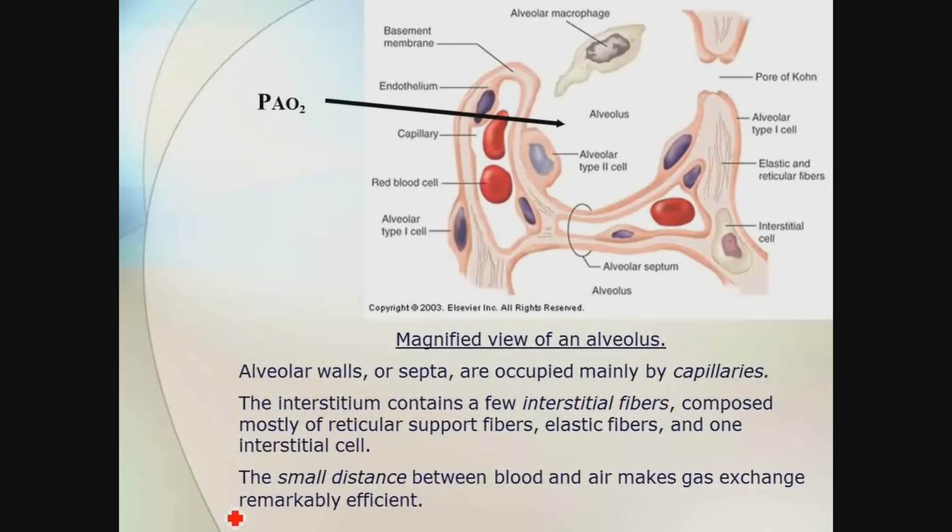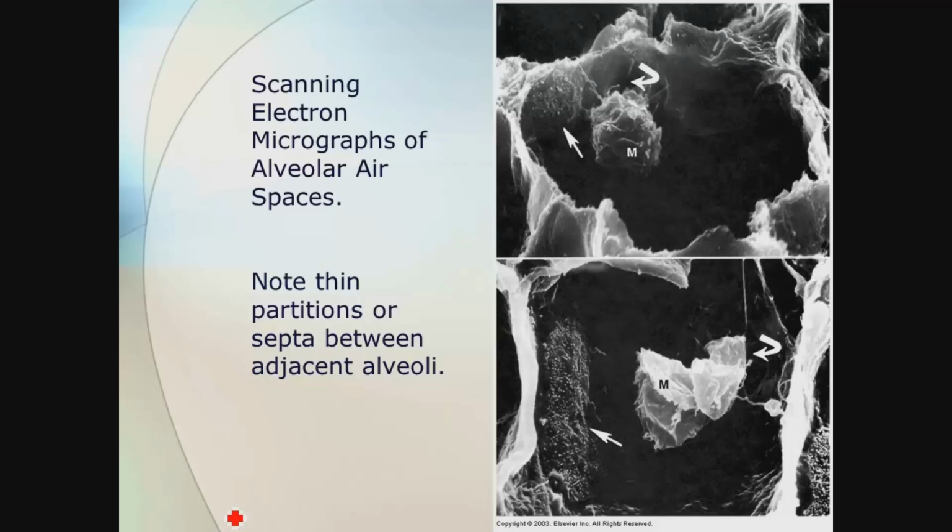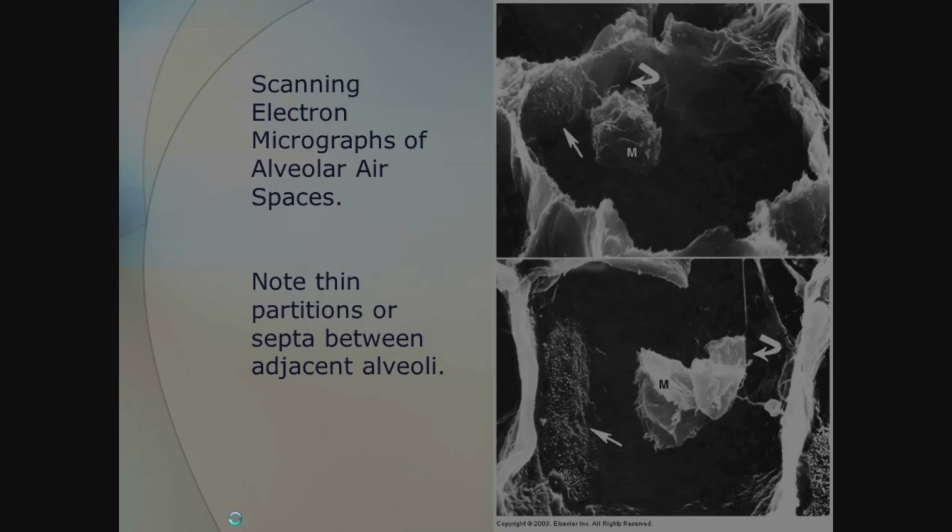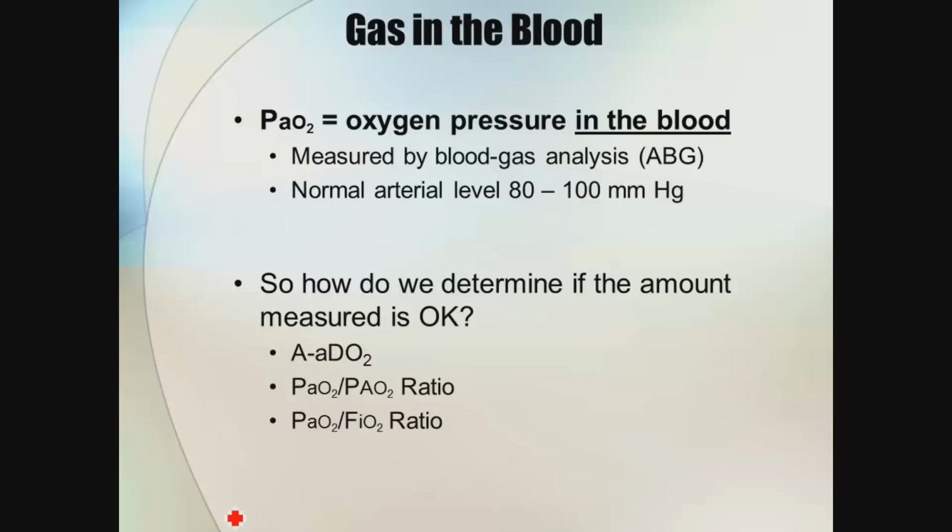And there's my alveolar, and we know there's multiple structures that it has to pass through. Once it gets across, then I have a normal value within the arterial blood system, 80 to 100 millimeters of mercury.